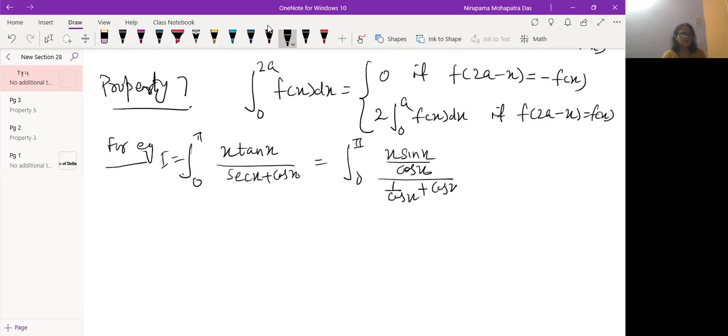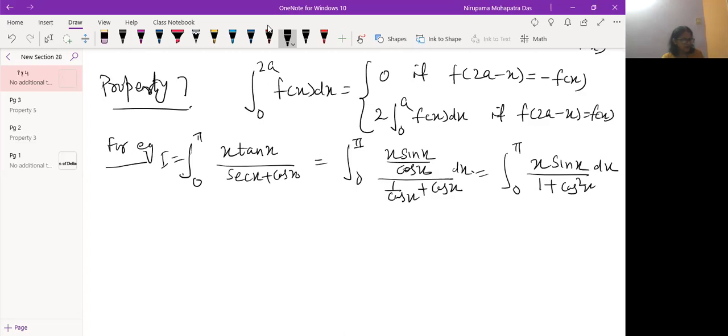I'm changing it to sin x by cos x type of things. So 0 to pi, it is x sin x divided by 1 plus cos square x dx. Now the question is simplified.